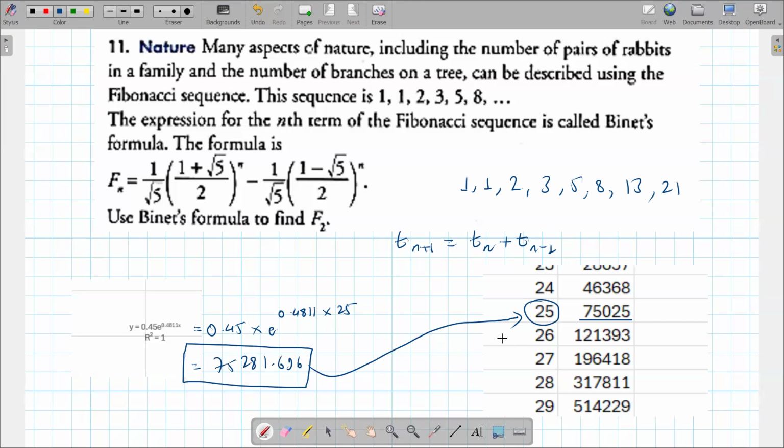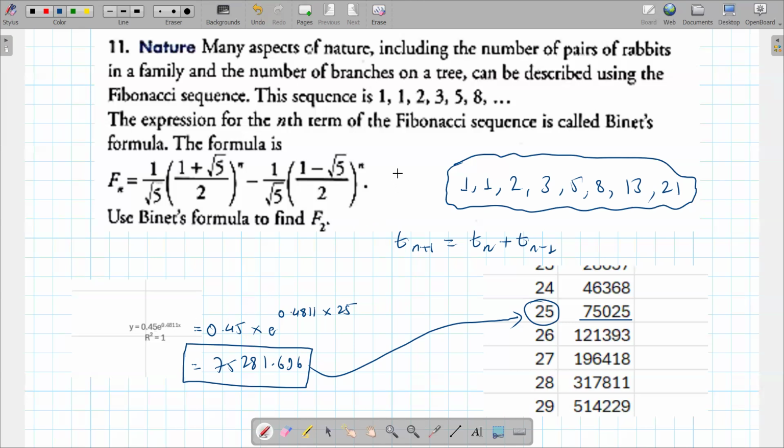Why is there a discrepancy between what we got and the actual answer? Because you see this sequence here? You can't quite model this specific pattern using a modeled equation like the one that we have here.